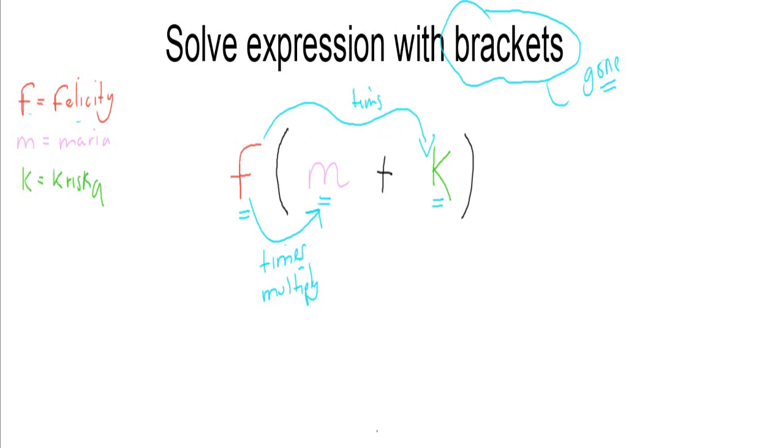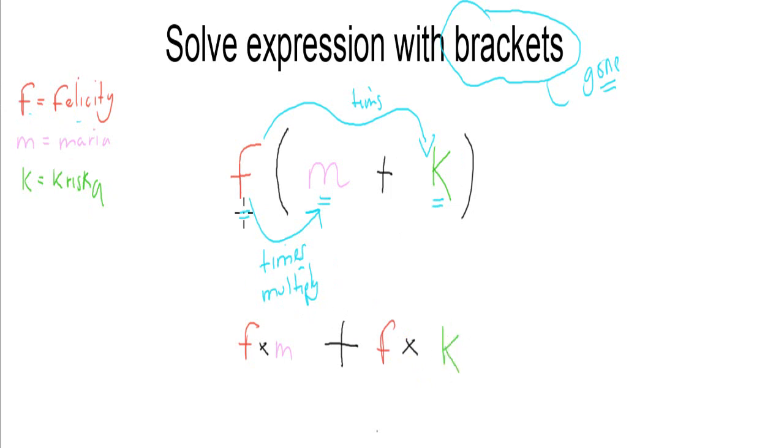So it's going to look like this. We're going to have Felicity, so F times M, because Felicity spends time with Maria, plus, that plus stays, Felicity also spends time, as in the multiplication time, with Kriska.